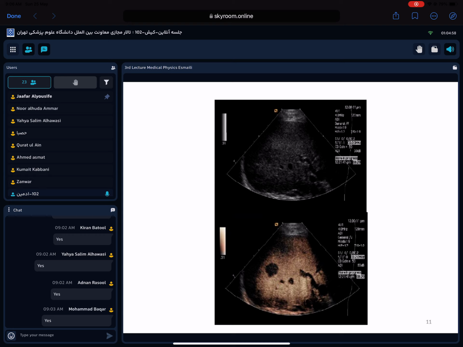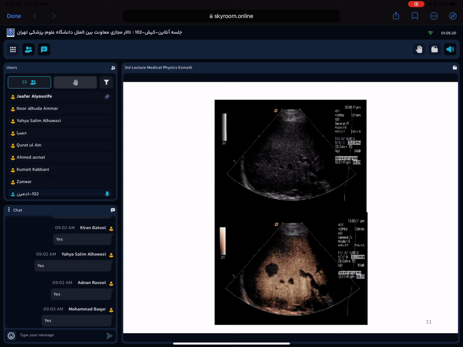Dye means the name of the non-toxic liquid which is injected into patients, and it can increase the contrast of X-ray image or ultrasound. So in ultrasound also we can use some drug to increase the contrast.